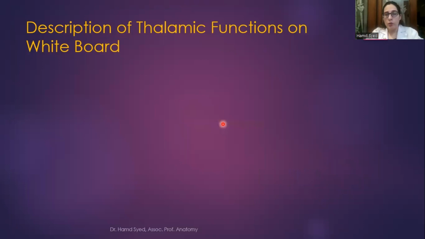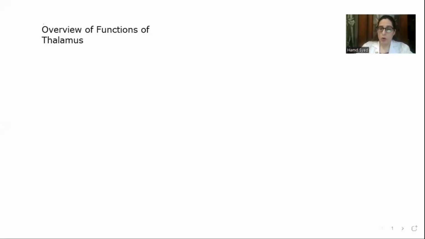Now we are going to look at the functions of the thalamus. So here I'm going to discuss the functions of the thalamus, and for that, I'm going to draw the thalamus over here.